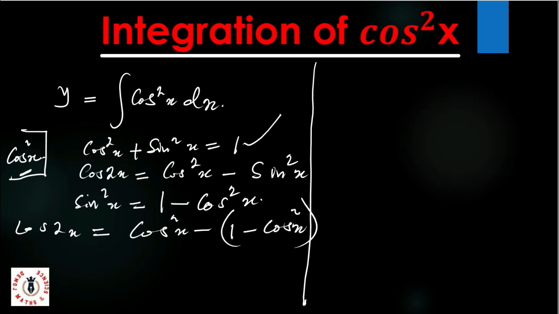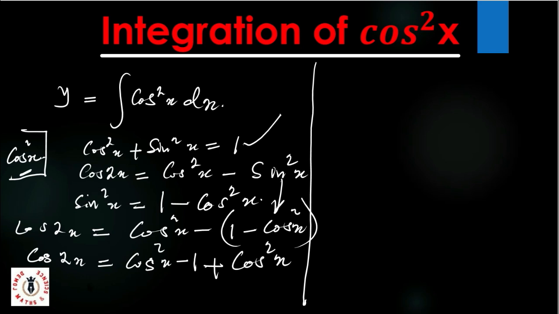I've simply substituted for sine squared of x. So that my cos 2x again will be cos squared of x minus 1 plus cos squared of x. So that cos 2x now will be the same thing as 2 cos squared of x minus 1.